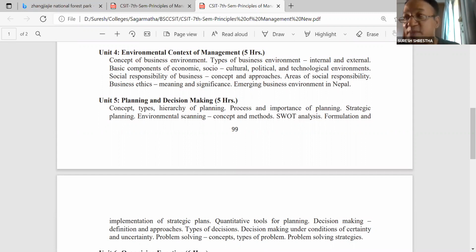Organizations also have a general environment, which is their external environment. So we'll talk about the general environment, like the political environment, what the economic environment is like, and the technology environment. We'll deal with those things in the environmental context of management.